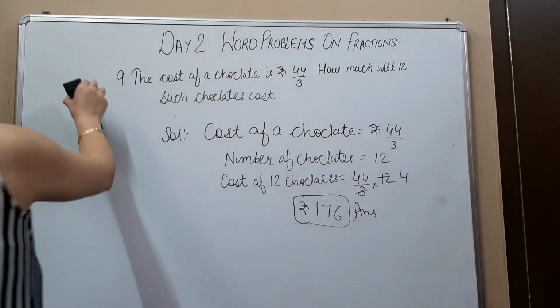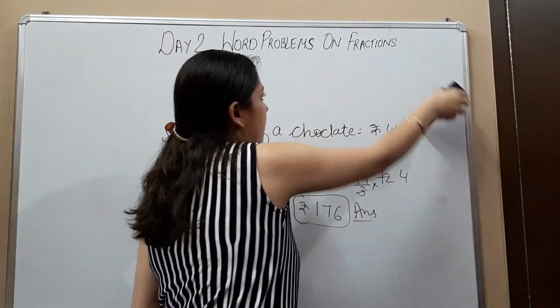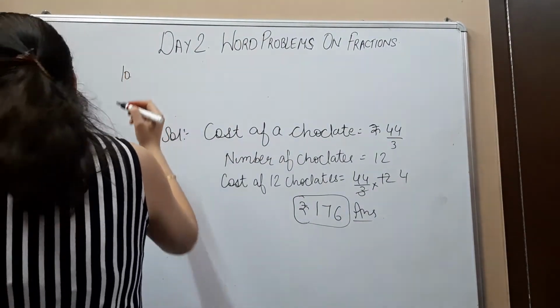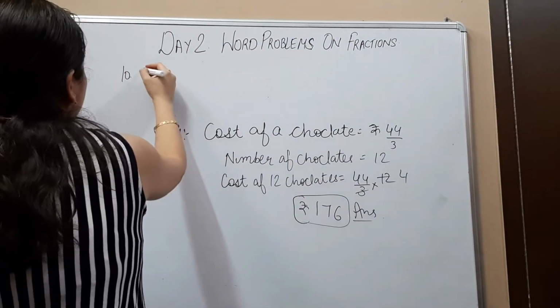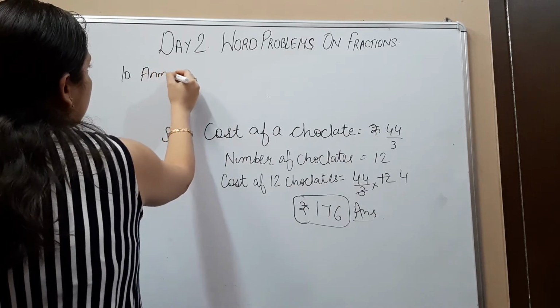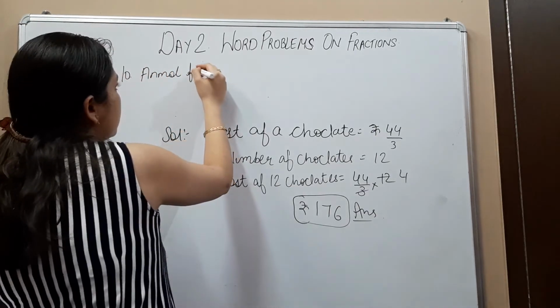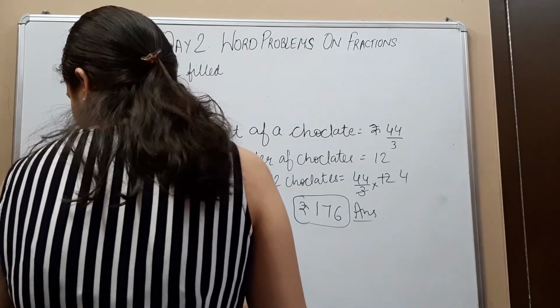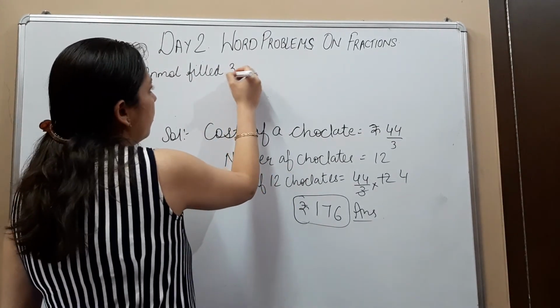Let's move to the next question. Anmol filled 3 by 9 liters of petrol in the morning.